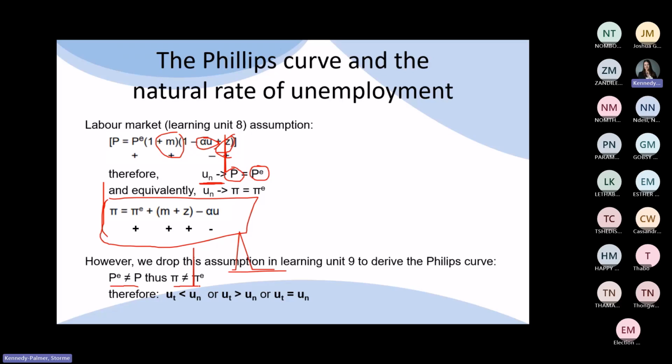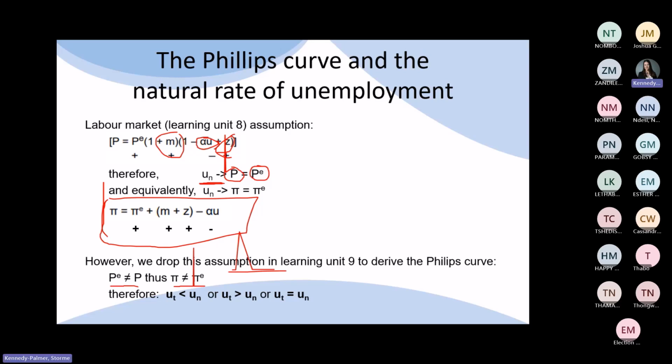that inflation is equal to expected inflation, which means that actual unemployment can be lower than the natural rate of unemployment, it can be higher than the natural rate of unemployment, or it can be equal to the natural rate of unemployment. Okay, so dropping that assumption just means that the actual unemployment rate can differ from the natural rate of unemployment.